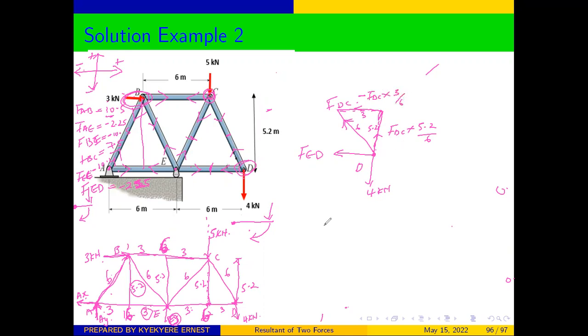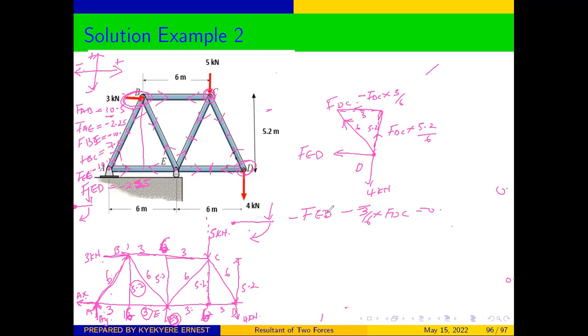And from there, we can use the horizontal component. We can say that FED, look at the direction, it's going in the negative direction. So negative FED minus 3 over 6 times FBC will be equal to 0.